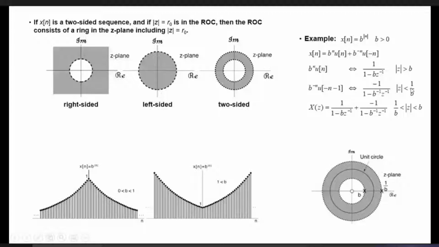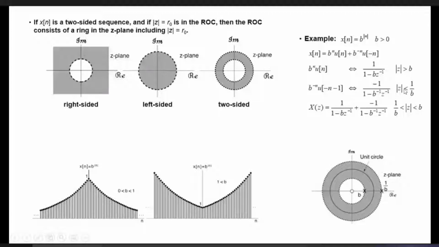Here actually you see that its ROC is mod z less than 1 by b. If you calculate it, you will get it.